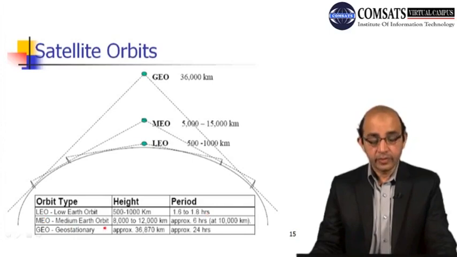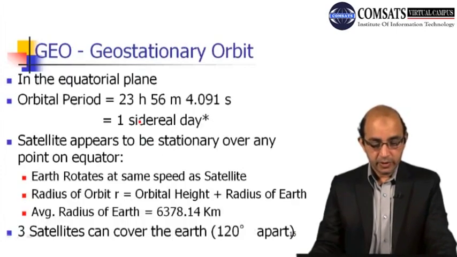And then MEO approximately takes 6 hours, and then GEO approximately takes 24 hours to complete one period. So you can see that GEO is at the maximum height when we talk about the orbit.